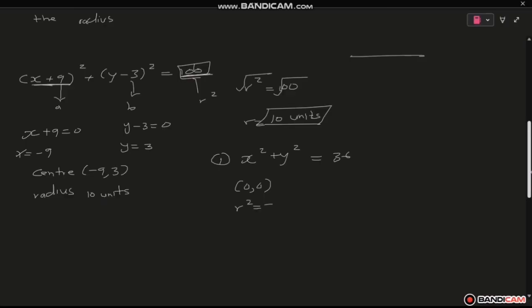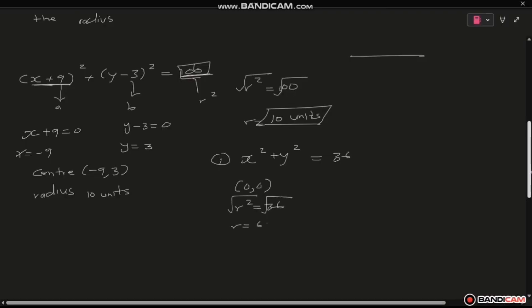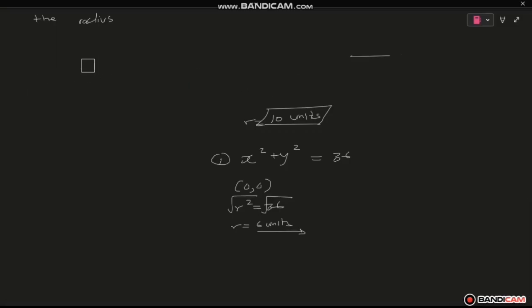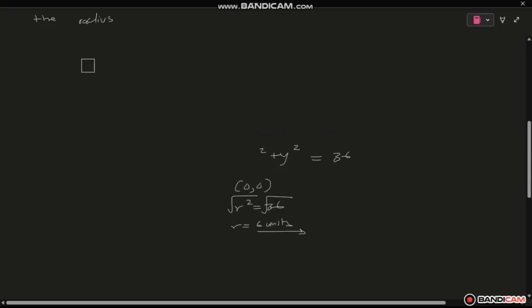Then r squared equals 36, and we square root to determine the value of r. That 36 is not written with units, meaning it is still r squared, not r. It becomes r whenever it is written with units. So if they said 36 units, it means that will be r, not r squared. I hope you are getting the gist of what I'm saying here. This is very, very important. Okay, we'll continue.